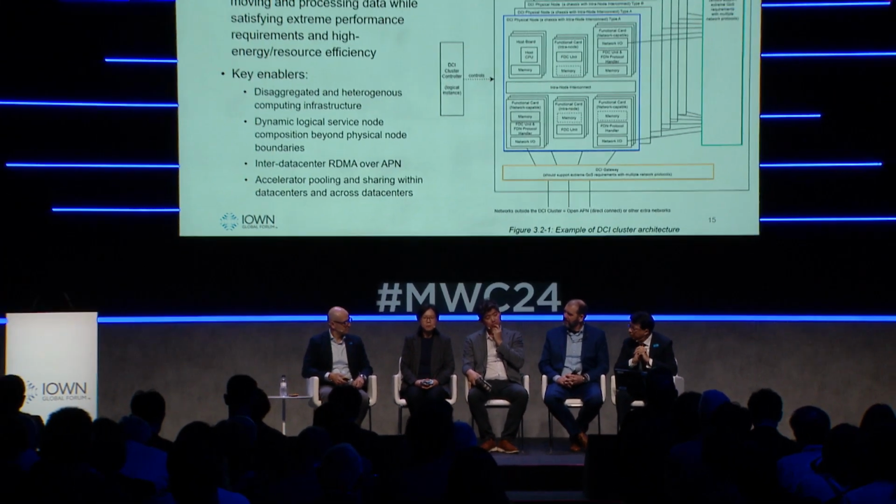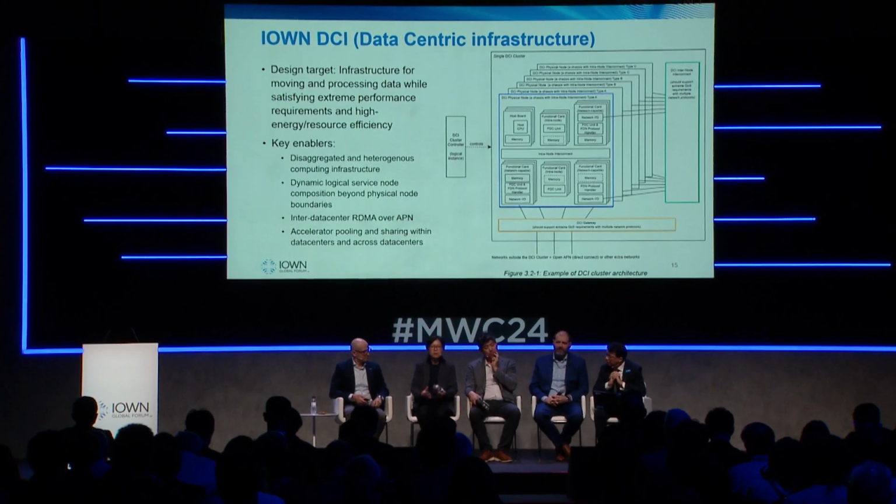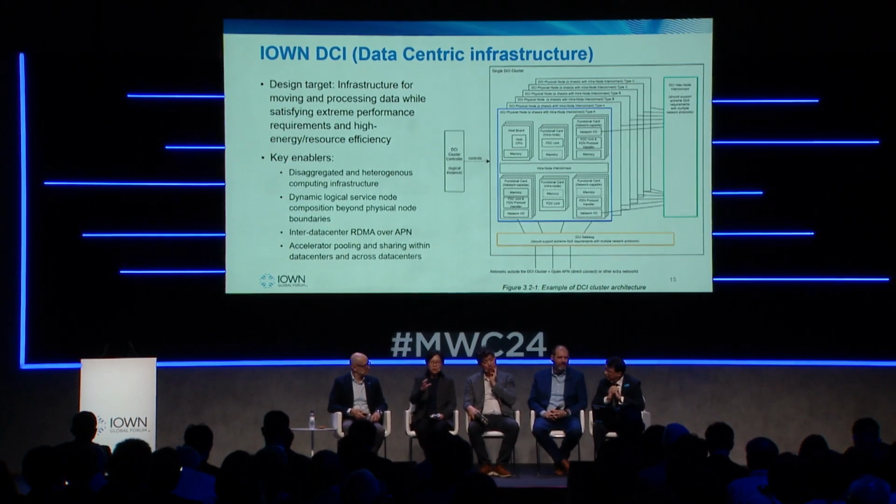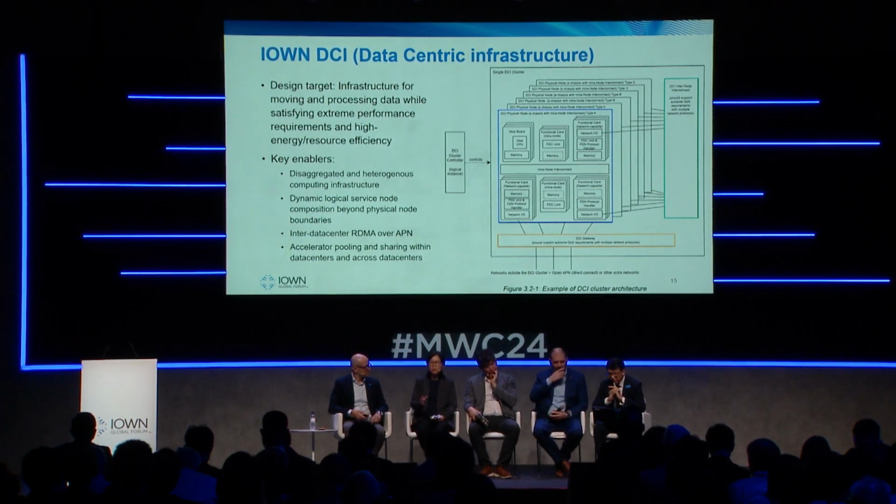A fourth enabler is accelerator sharing and pooling, not only within data centers, but also across data centers. This is important because, by using this technology, we can optimize the placement of the computing resources and look from the global scale to optimize that. Not only in local scale, but also optimize the computing resource placement from a global scale.